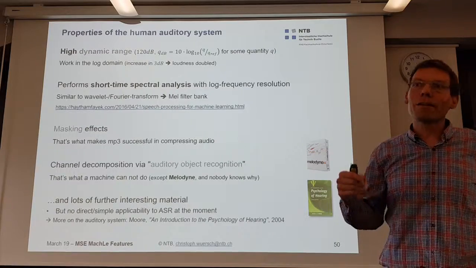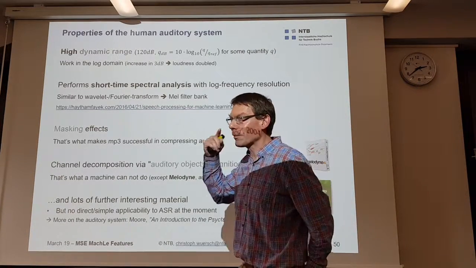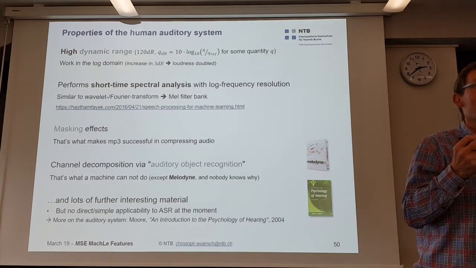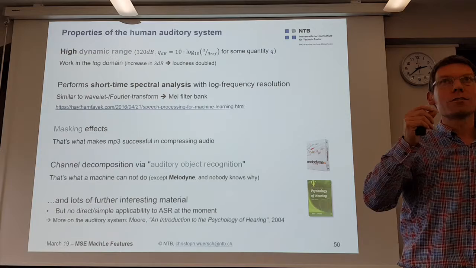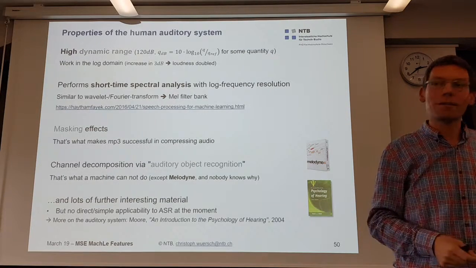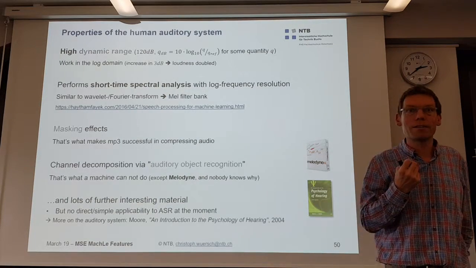The second thing is that the amplitude is also logarithmic. Our ear is very sensitive. The reference for 1 decibel is 10 to the power of minus 12 watts per square meter in intensity. So our ear is very, very sensitive.